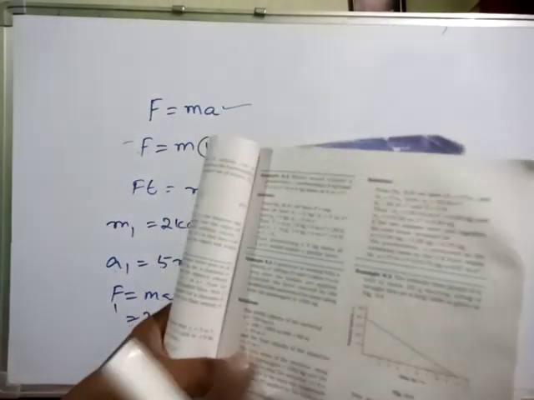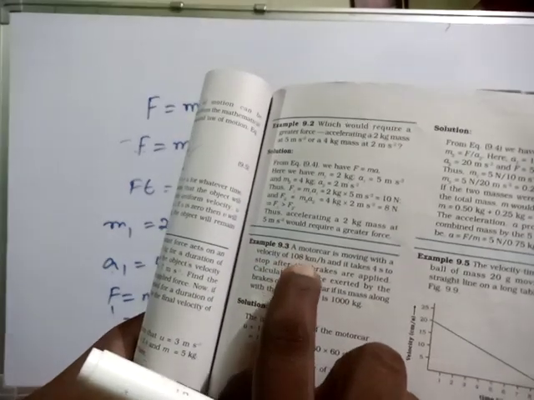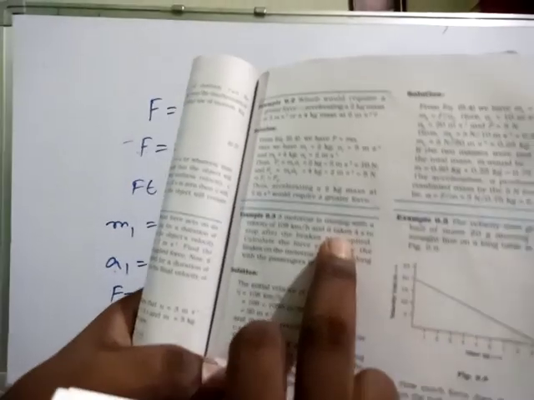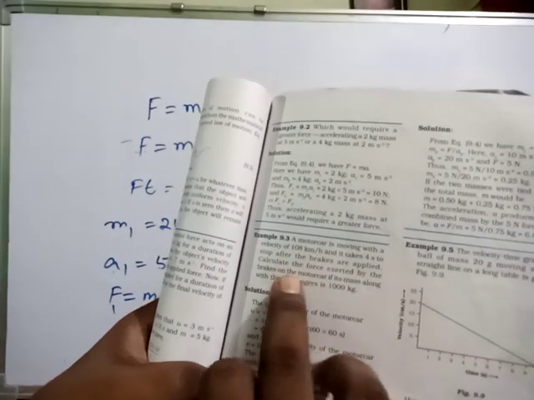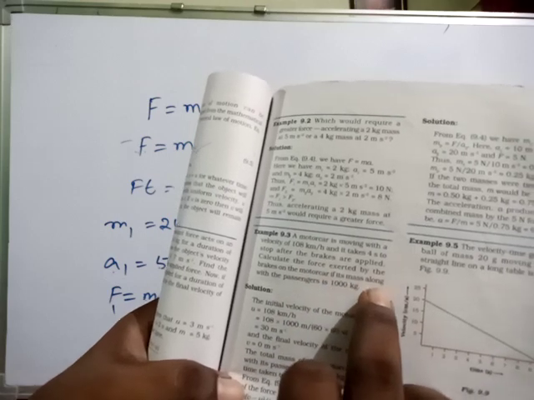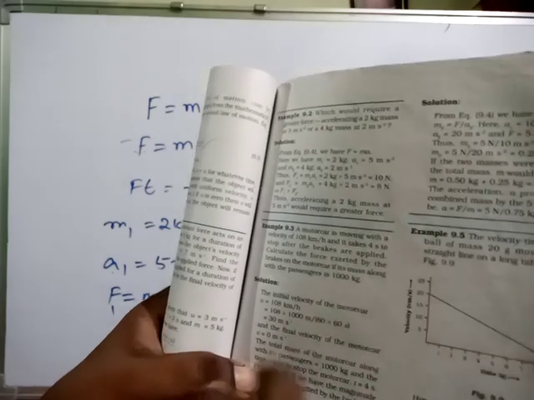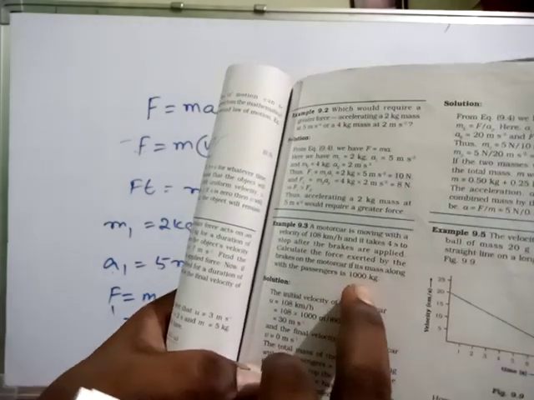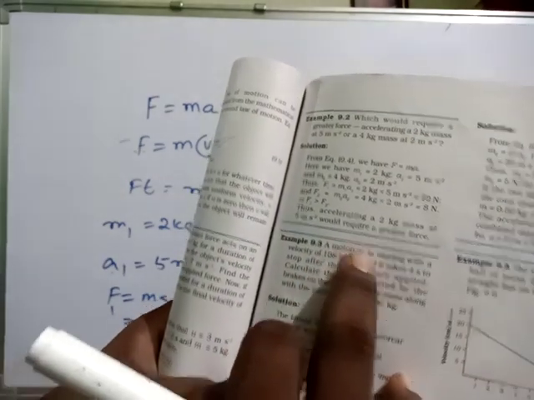And a motor car is moving with a velocity of 108 km per hour and it takes 4 seconds to stop after brakes are applied. Calculate the force exerted by the brakes on the motor car if its mass along with passengers is 1000 kg. See children, a 1000 kg motor car is traveling with speed 108 km per hour.